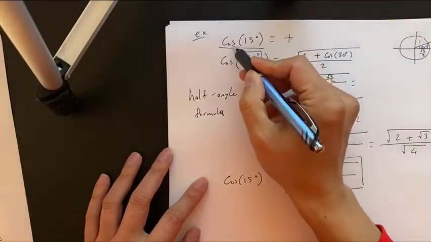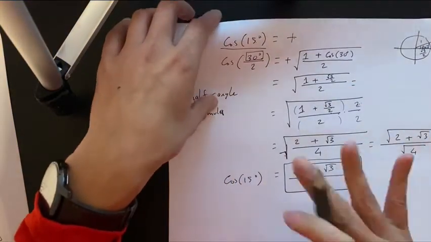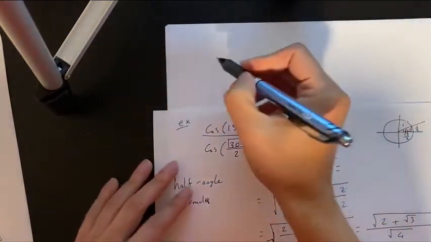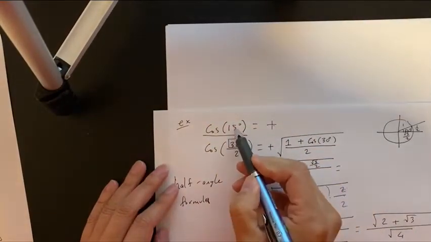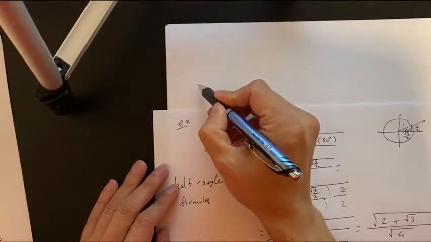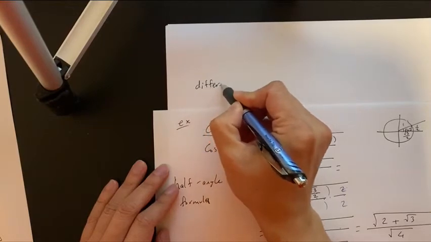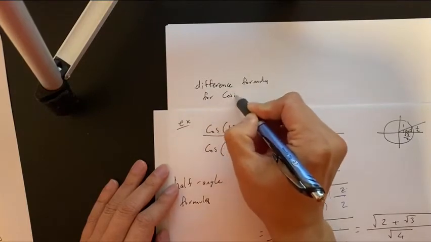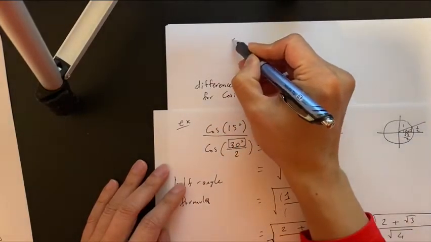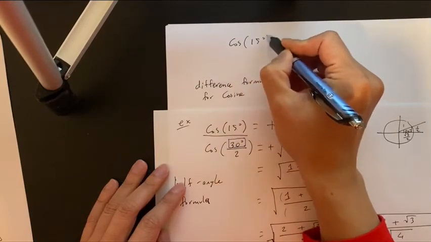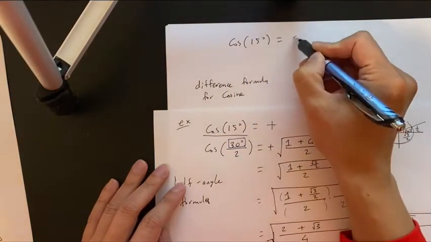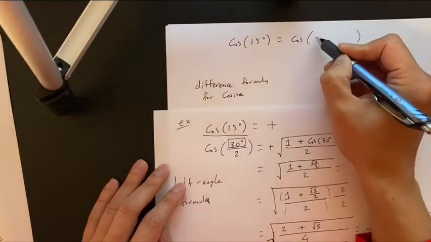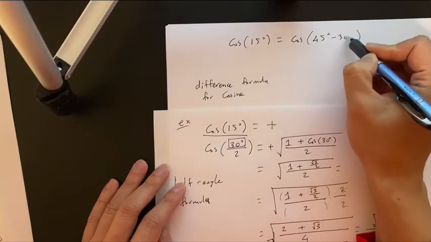Is that the only way to figure out what is cosine of 15 degree by hand and not use a calculator? No, there is another way, and that is to use the difference formula for cosine. Because here cosine of 15 degree, even though 15 is not a nice angle, I can view this as the difference of two very nice angles, and it'll be 45 degree minus 30.